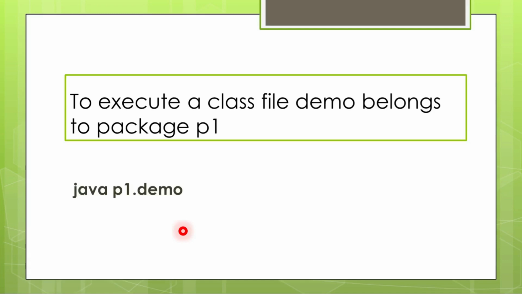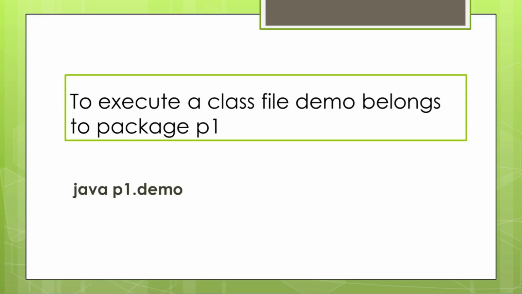Unlike the programs that we have done so far, if you want to execute a class file that belongs to a package p1, then the package name has to be mentioned: java space p1.demo. Demo is the class name that you want to execute. Upon execution, you will see some output.